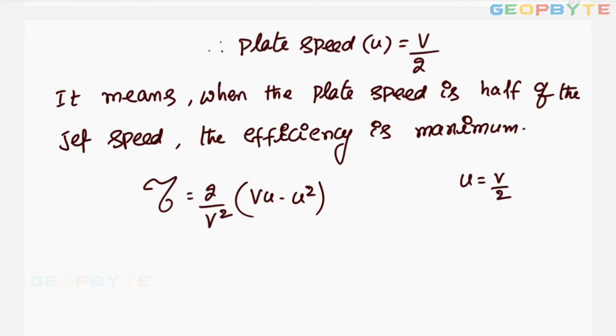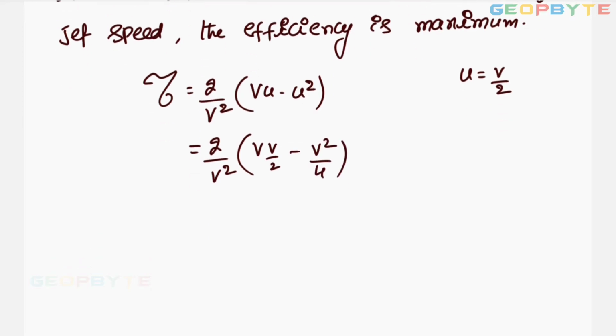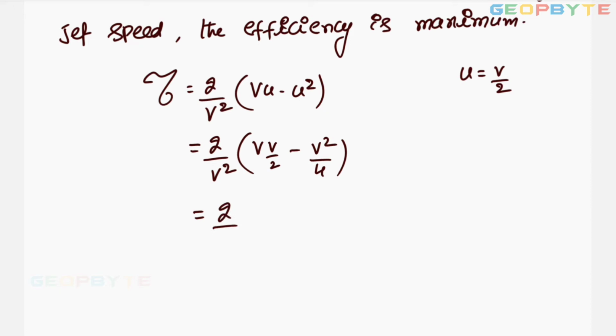From this I can write it like this. It can be written as 2 by V square into V into U, with U equal to V by 2, minus V square by 4. It is equal to 2 by V square into V square by 2 minus V square by 4.